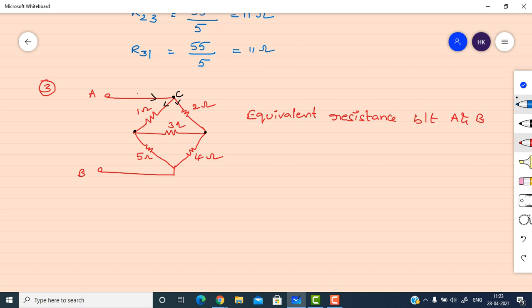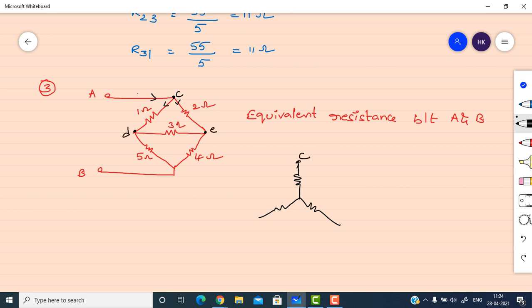If it is not series or parallel, then the other connection is either a delta connection or a star connection. Then how can you reduce the network? Like this we cannot reduce it. Suppose I convert this delta into star. Then how will the connection look? So this is D and this is E point.